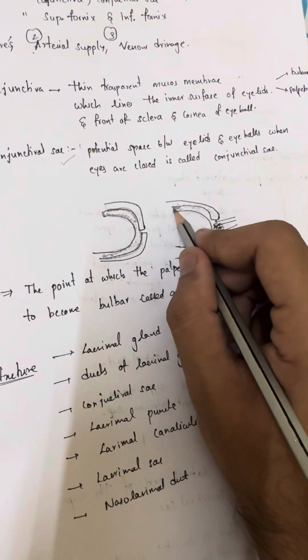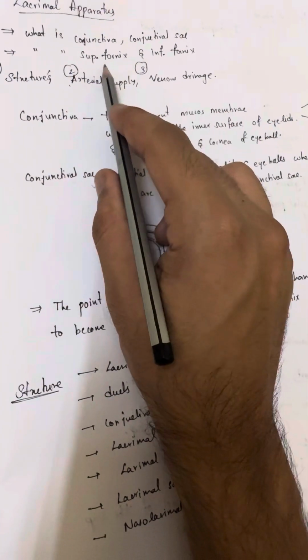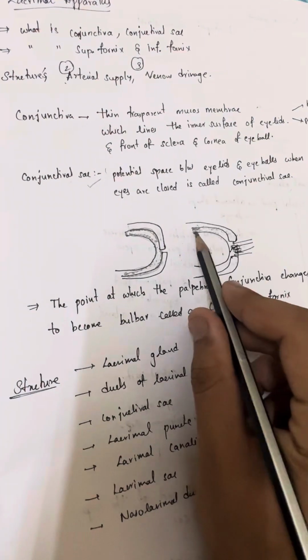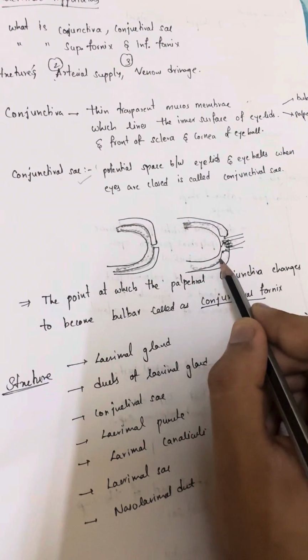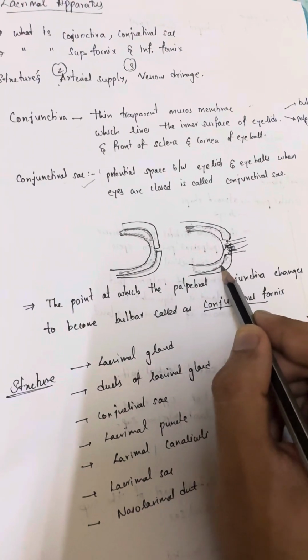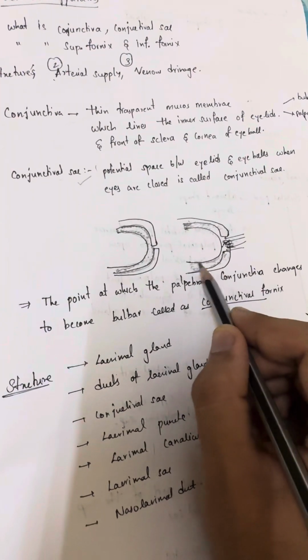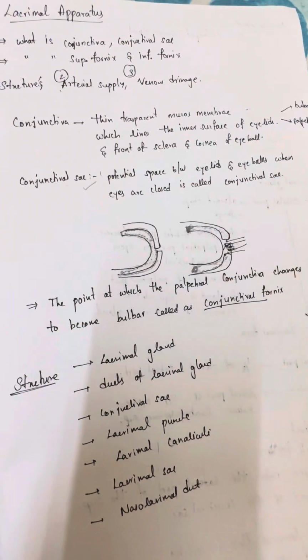That point where this change occurs is called the fornix. We have two fornices, the superior fornix and the inferior fornix. This is the palpebral, this is the bulbar conjunctiva, this is the inferior fornix and the superior fornix.